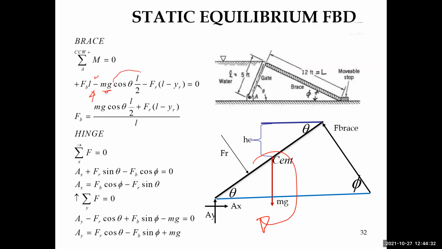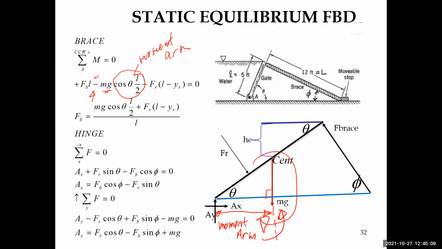Now let's look at the moment arm. If this is the line of action of the force, and this is perpendicular, then this distance here is the moment arm for the weight component of my forces.